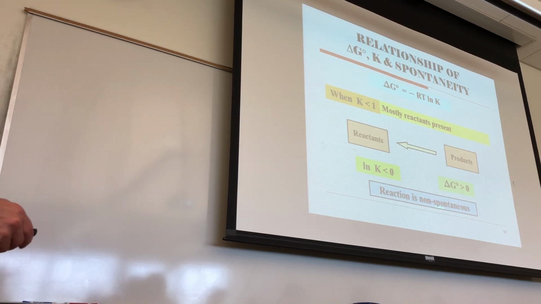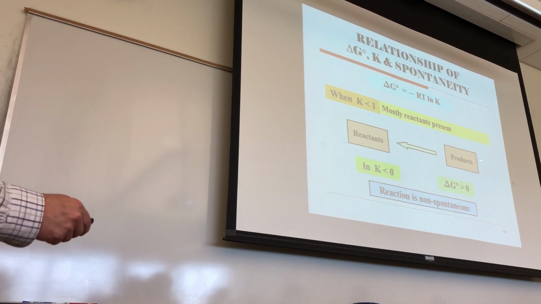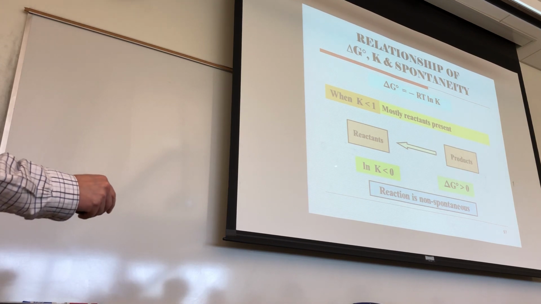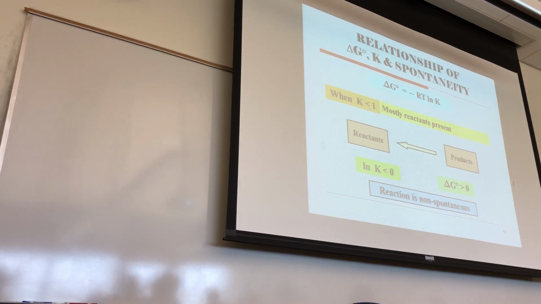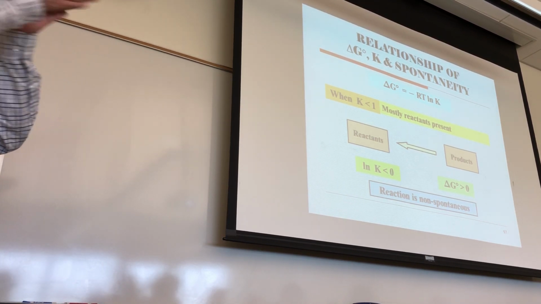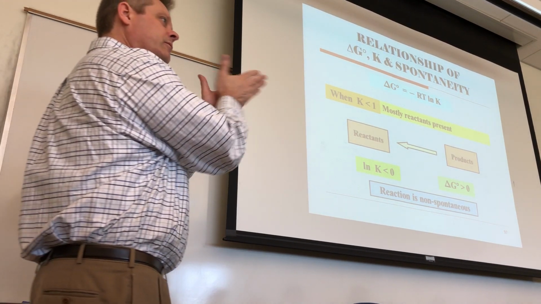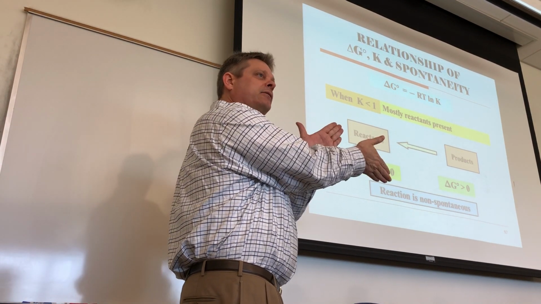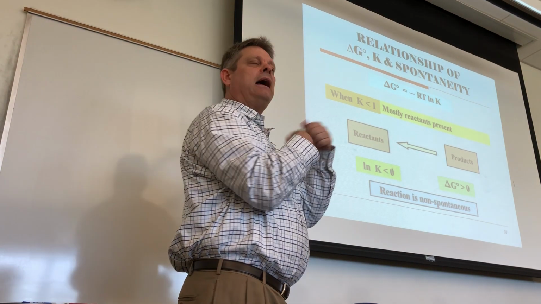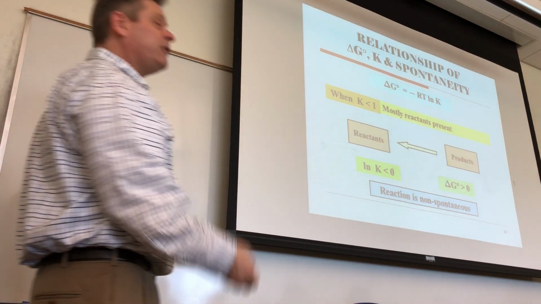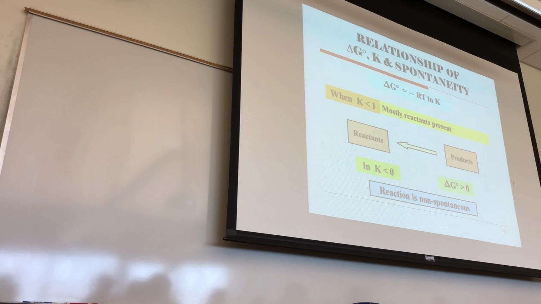The reaction is now non-spontaneous in the forward direction, but spontaneous in the reverse direction. So the direction you're looking at is what matters, because if one is spontaneous, the other is non-spontaneous under those conditions, unless you're at 0, then you're right at equilibrium.